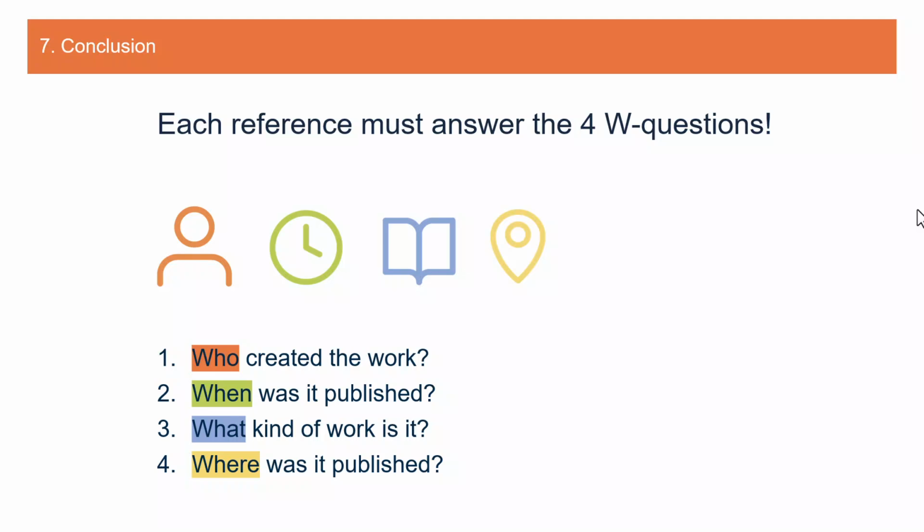And this is also very useful if you use less common document types, which might not even be defined in our citation style. Then we have to adapt them to the general pattern of our citation style, but we know what the essential information is that each reference has to contain. And of course, the formatting always depends on your citation style, so that can differ.